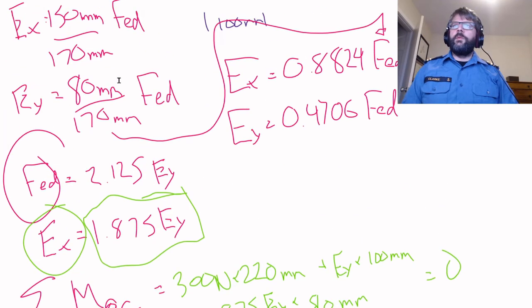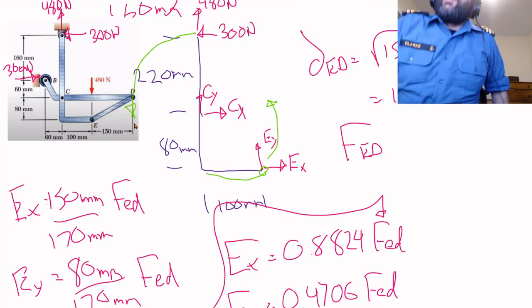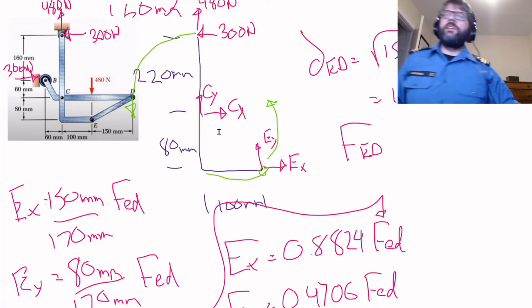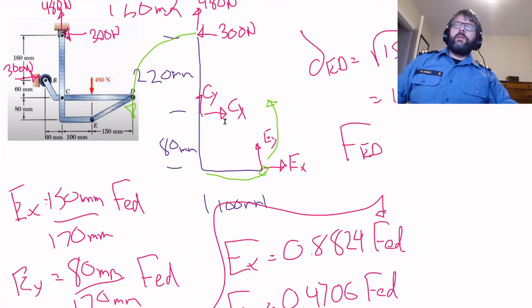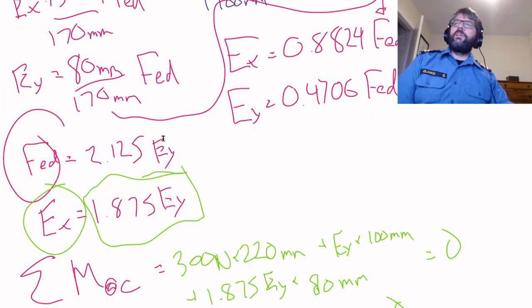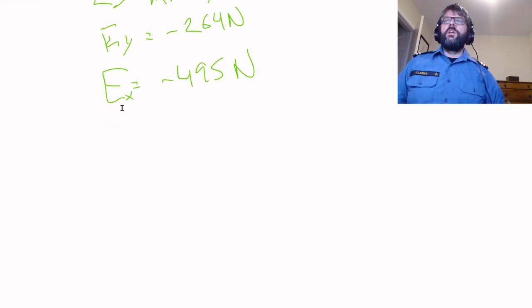Okay, so what that means is EX and EY are pushing on the link ACE from that side. They're not pulling, so it's a compressive force within the member ED. So we'll draw the next link here.